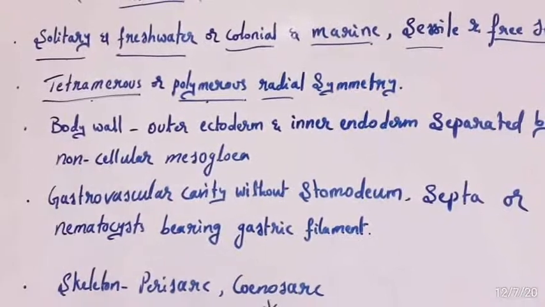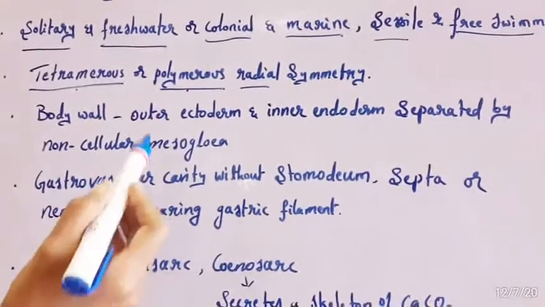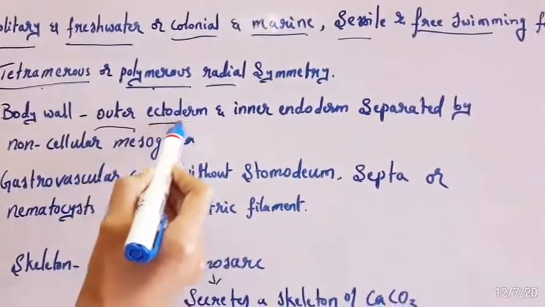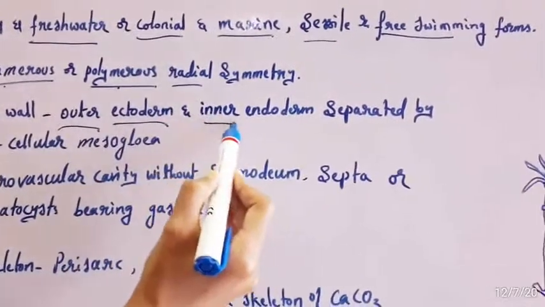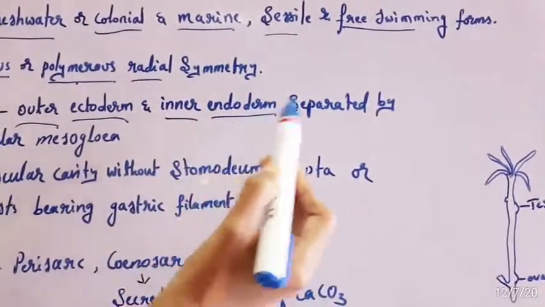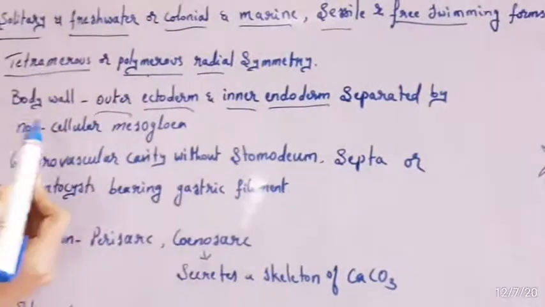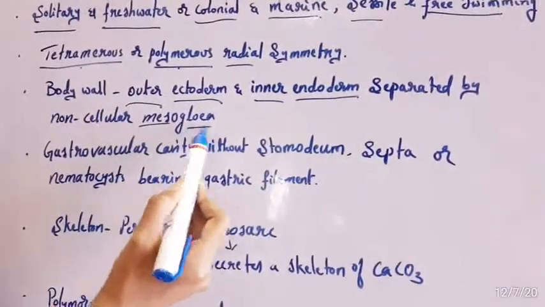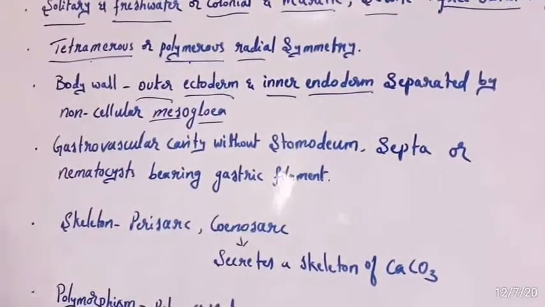The body wall of the organism has an outer ectoderm and an inner endoderm, which are separated by the non-cellular mesoglea. You can see this in the diagram. The example here is Hydra.